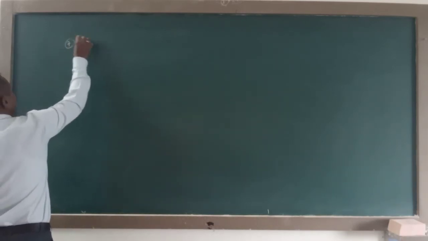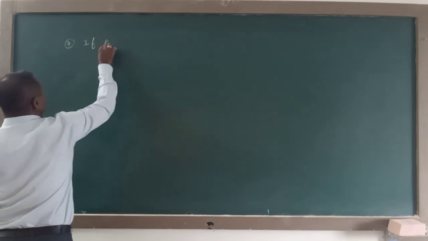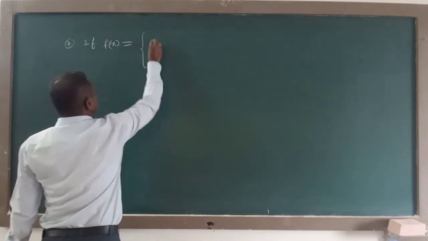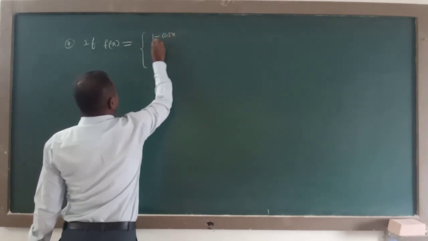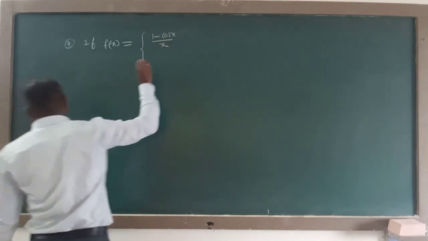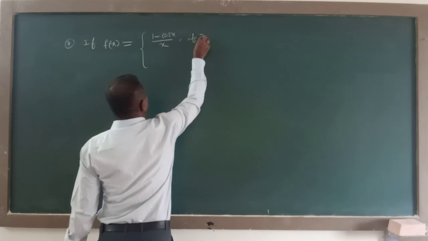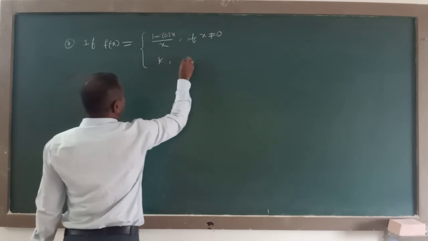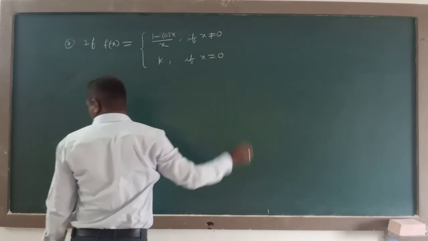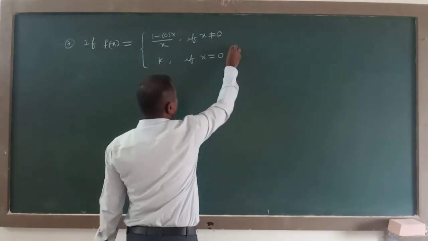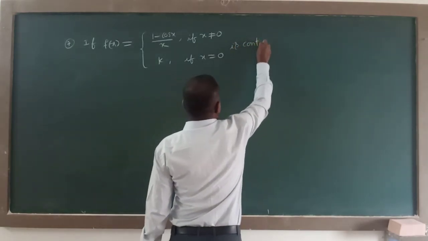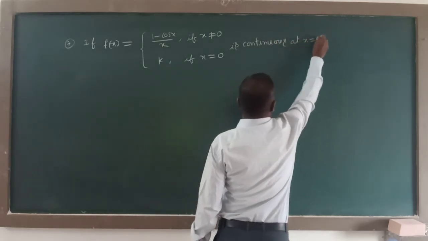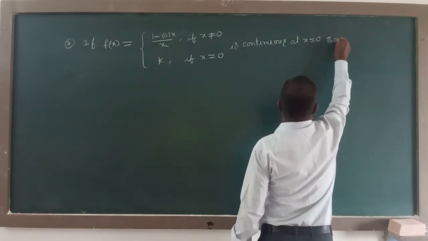If f of x is equal to 1 minus cos x by x, if x is not equal to 0, and k if x is equal to 0, is continuous at x is equal to 0, then the value of k is.